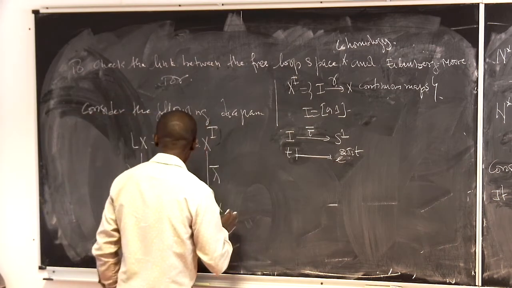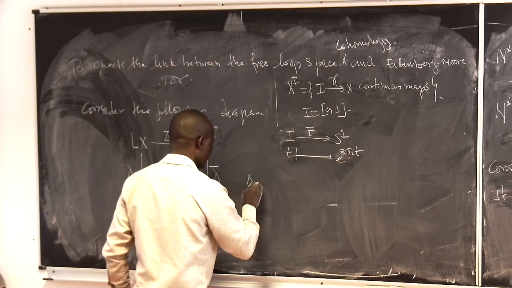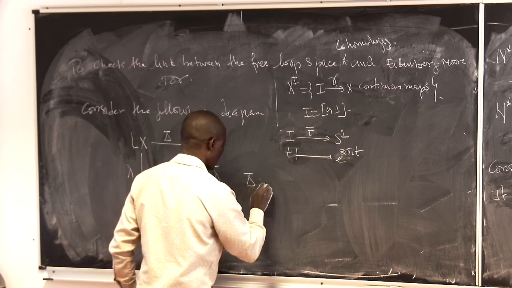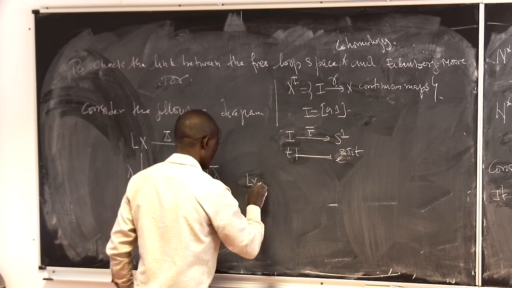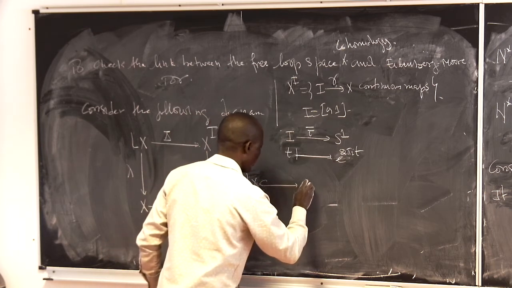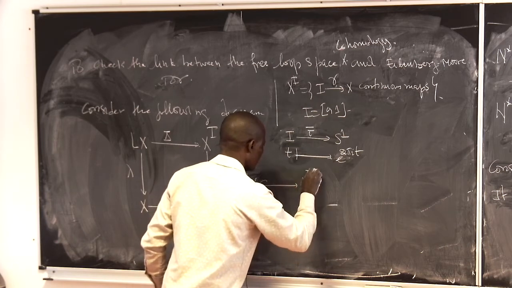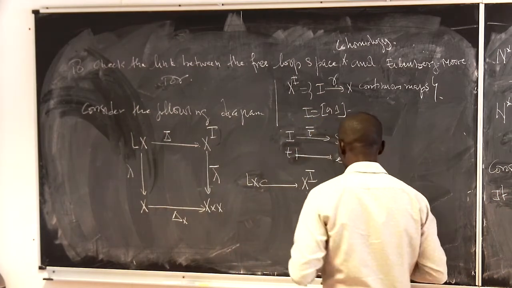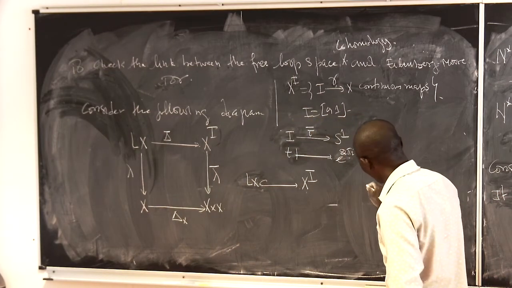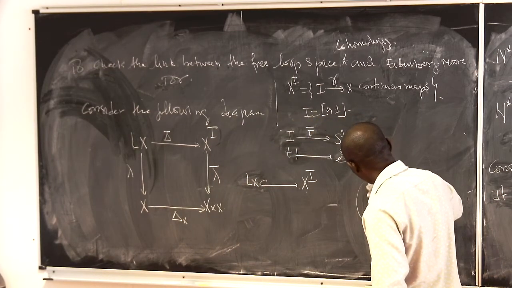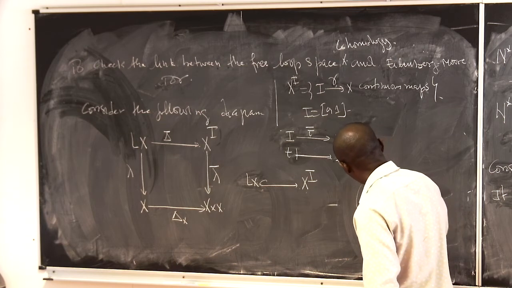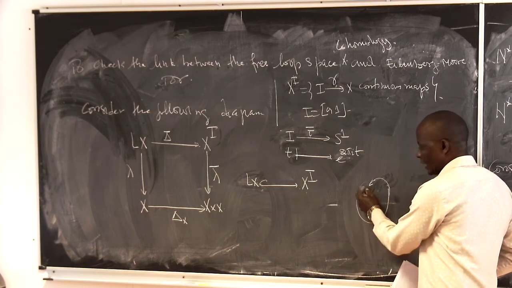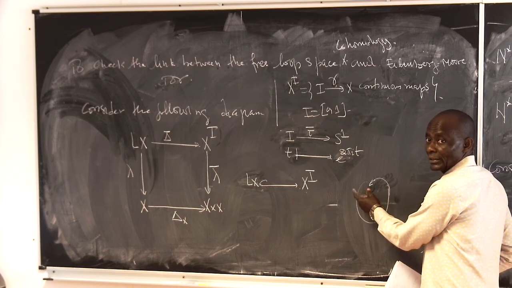Our lambda bar delta is just the inclusion map, because let me make you understand that a loop is what? A loop is just a map so that the beginning and the end are identified.